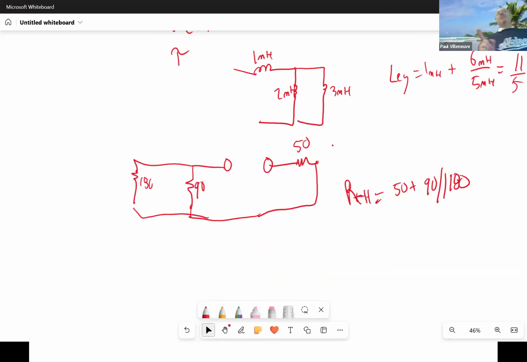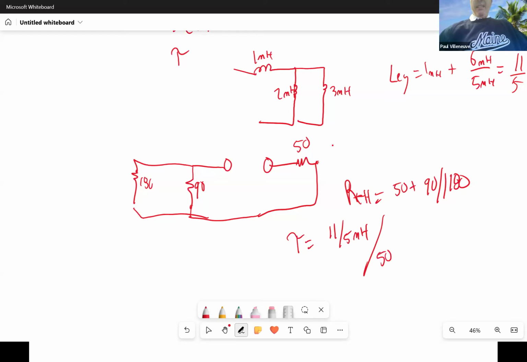That is going to be the same time constant for both circuits, because the current flowing through the resistor comes from those two inductors, so it doesn't change. So my tau is equal to 11 over 5 millihenry divided by 50 plus 90 in parallel with 180.